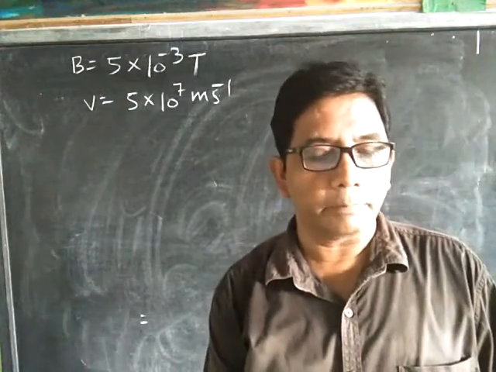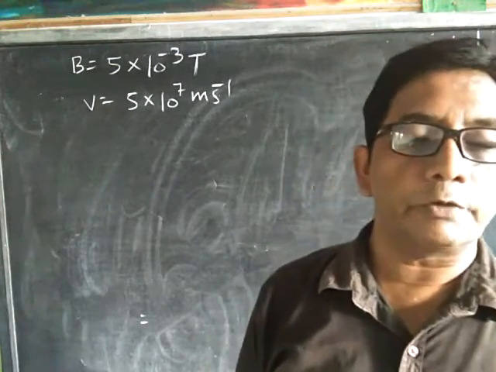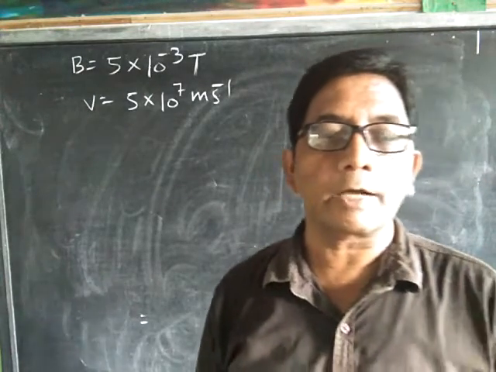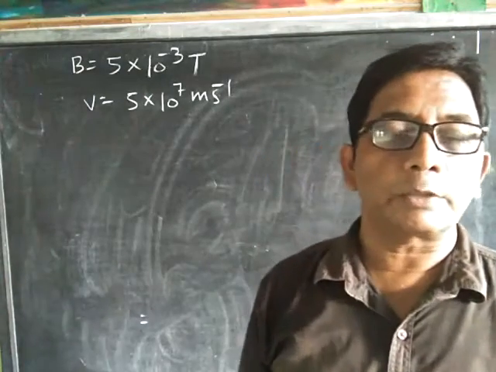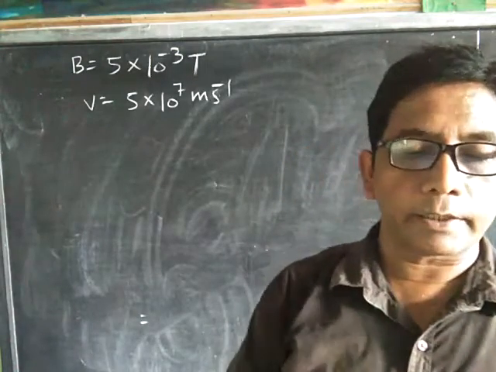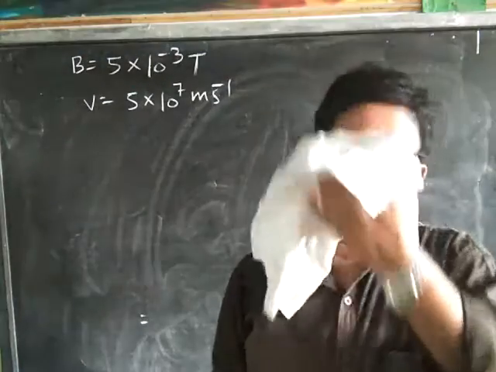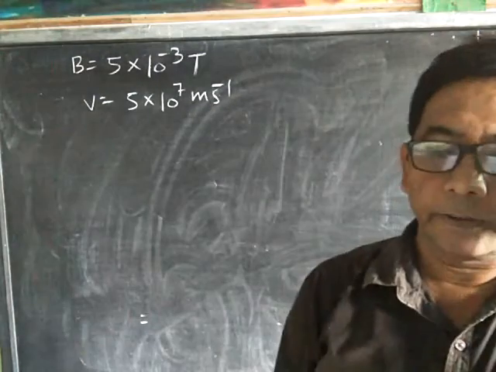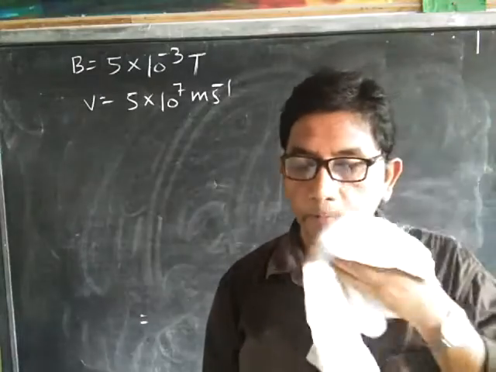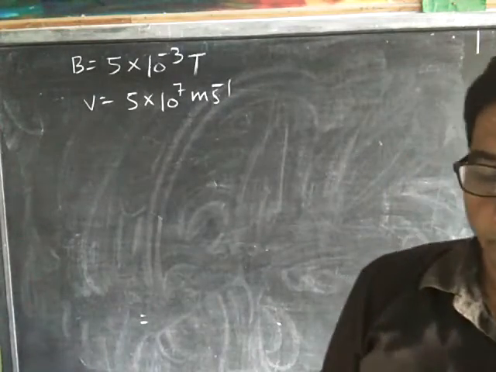Now we will read the complete question. A chamber is maintained at a uniform magnetic field of 5 into 10 power minus 3 tesla. An electron with a speed of 5 into 10 power 7 meter per second enters the chamber in a direction normal to the field. Calculate the radius of the path, and second, the frequency of revolution of the electron.